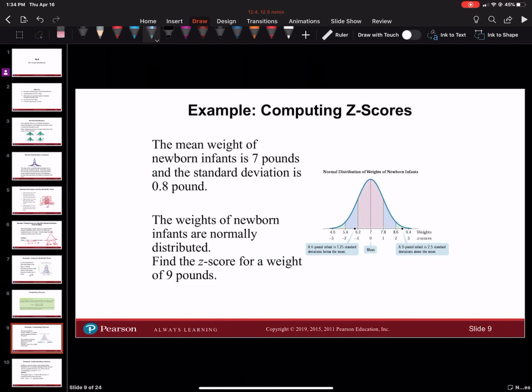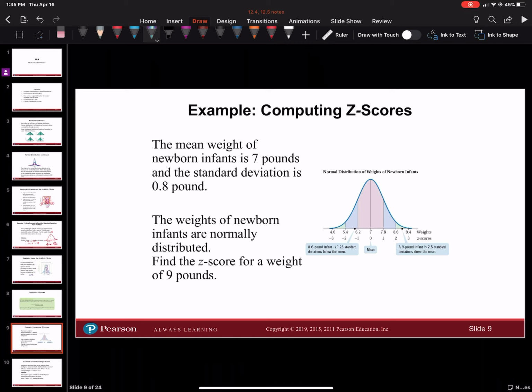All right, let's look at this problem. It says computing z-scores. The mean weight of a newborn infant is 7 pounds, and the standard deviation is 0.8 pounds. The weight of a newborn infant is normally distributed. It says find the z-score for a weight of 9 pounds.